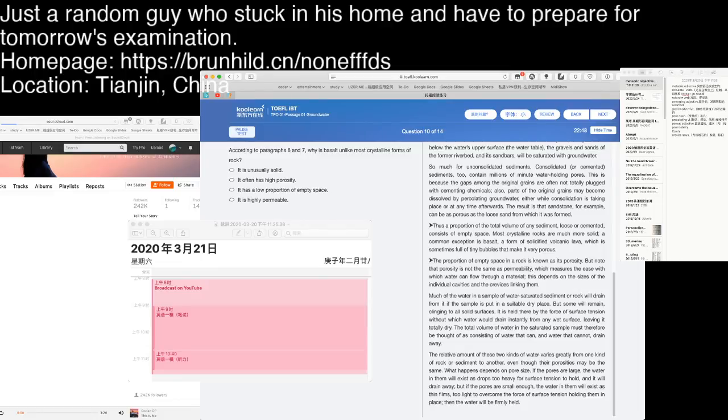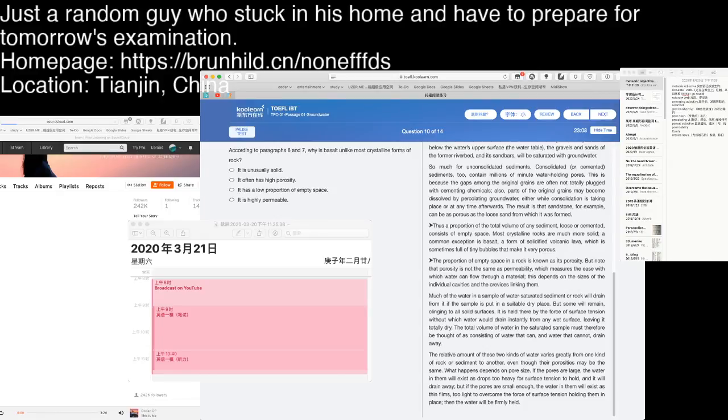So basalt is a crystalline rock, but it's not solid.